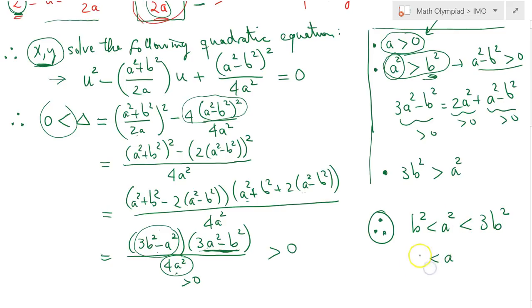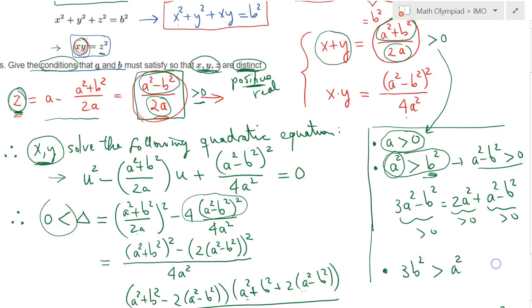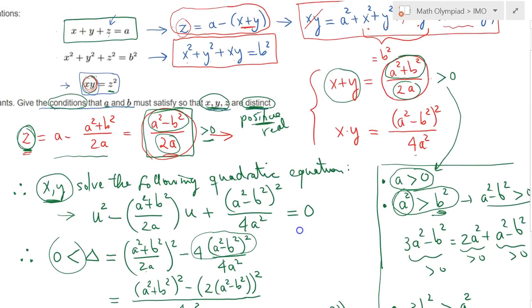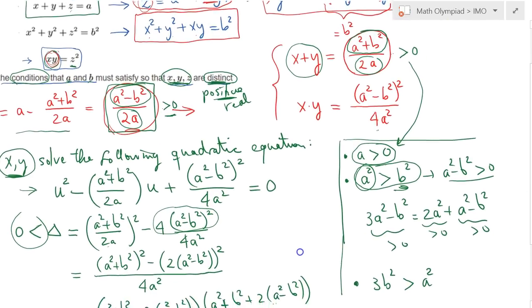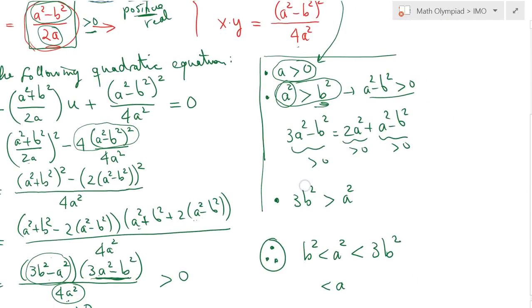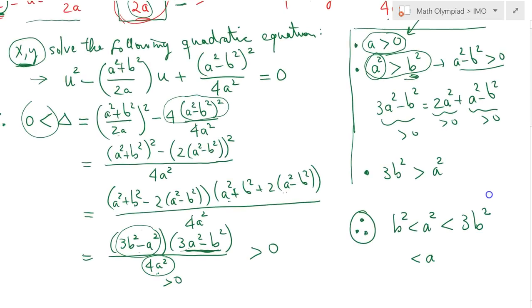So a is greater than 0. Yeah, I don't have a restriction on b, so b can be negative apparently, right? I'm not sure on that one.